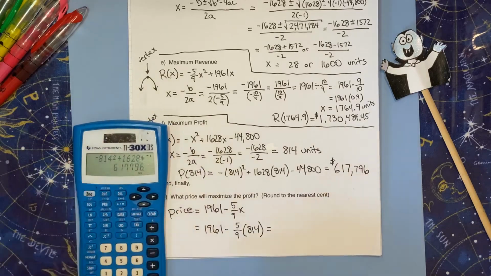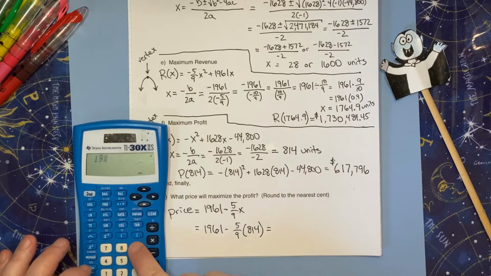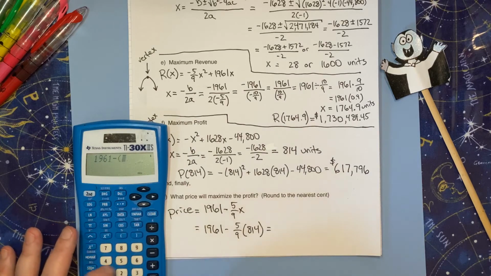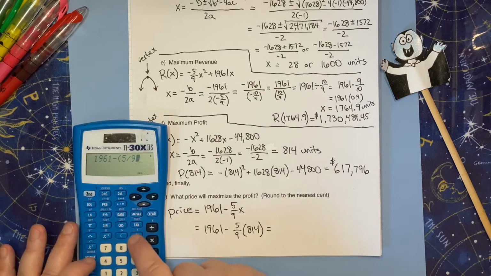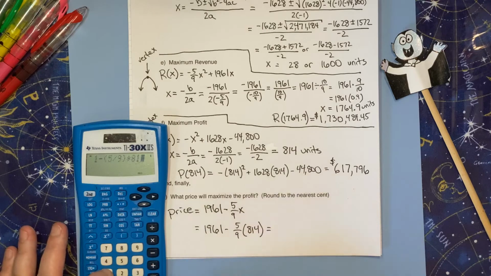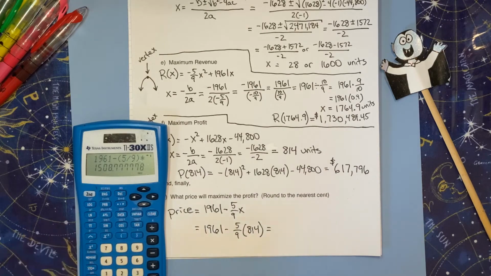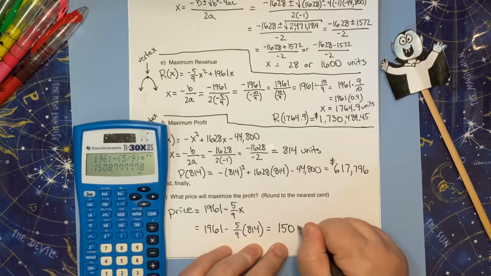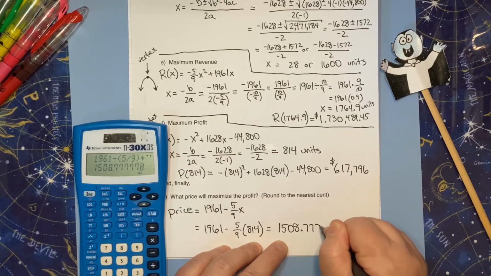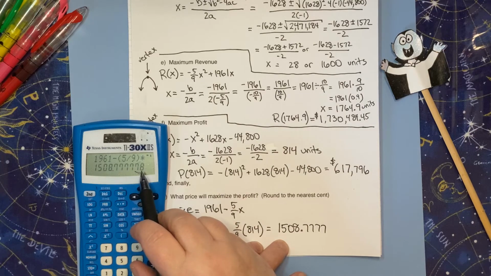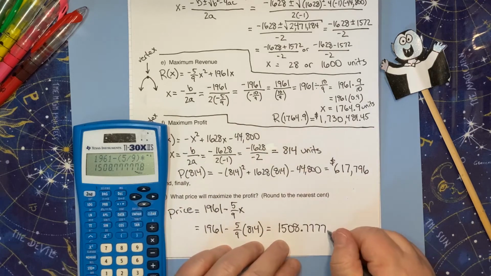Okay, so let's go ahead and clear this out. 1961 minus, and then I'm going to do my fraction in parentheses to make sure that fraction doesn't get wonky, times 814 equals, and then I get 1508.777. And again, if you see a bunch of sevens and then an 8 on your calculator, then what you know is that this just keeps going on.